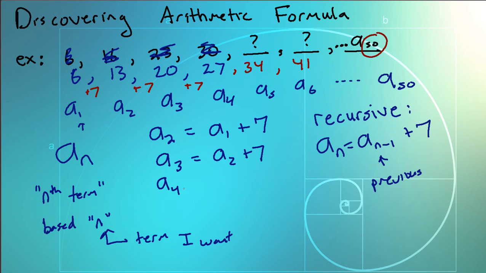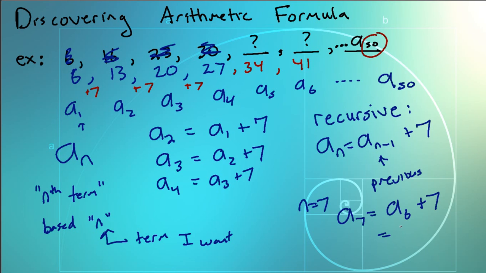So that was going to work if I do A4 equals A3 plus 7, and so on and so forth. So if I wanted, say I wanted the 7th term, so n equals 7. So A sub 7 would equal A sub 6 plus 7.